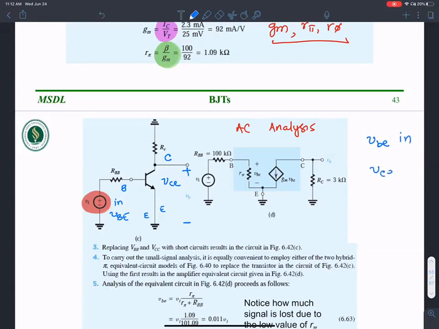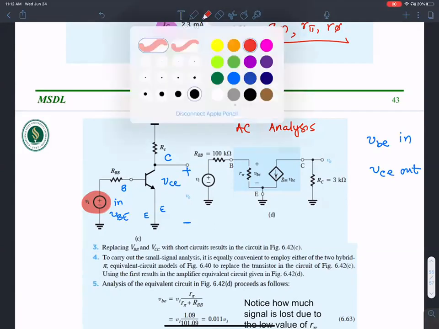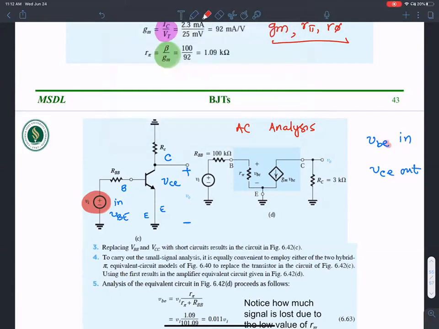Input is on VBE, output is on VCE. So what terminal is common to both input and output? Well, no prizes for guessing. It's just emitter that is common to both the input side and output side. It's called a common emitter amplifier.